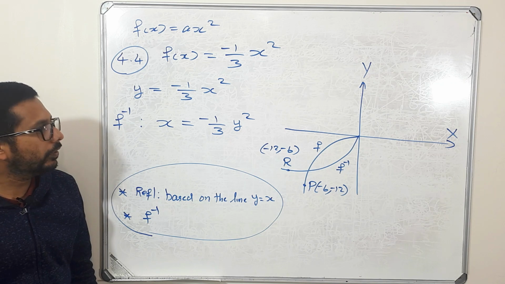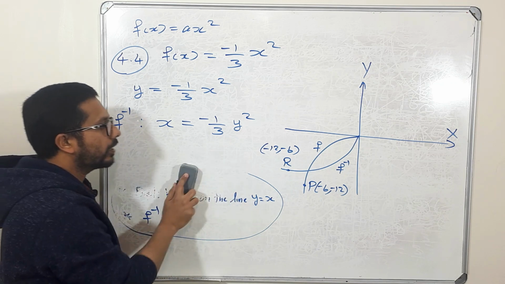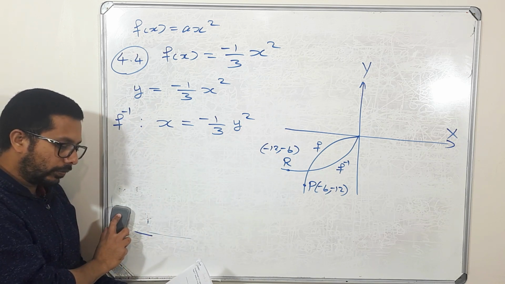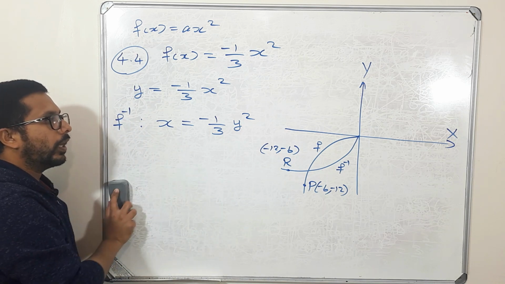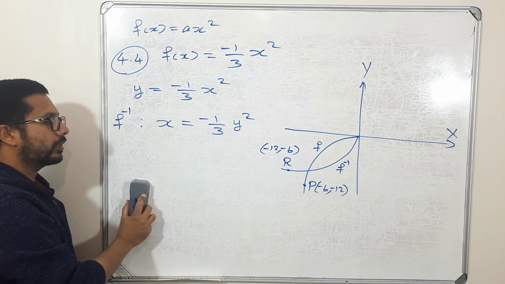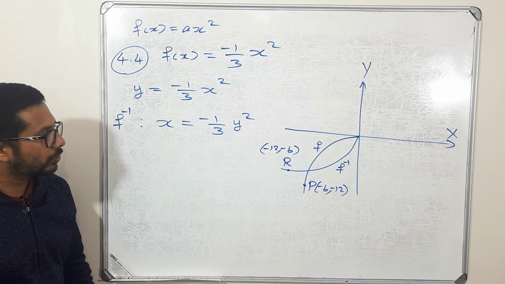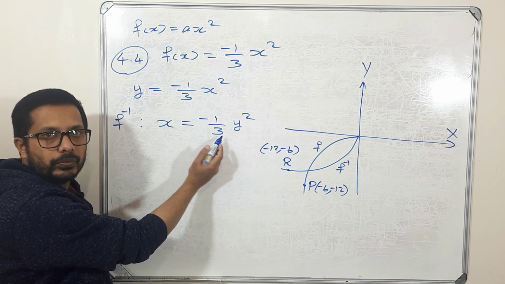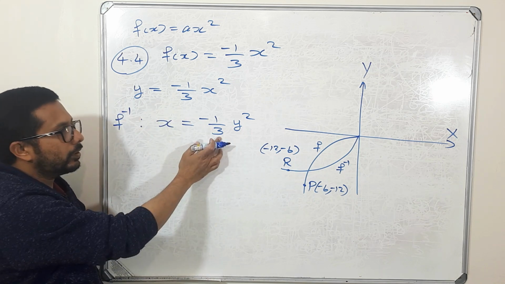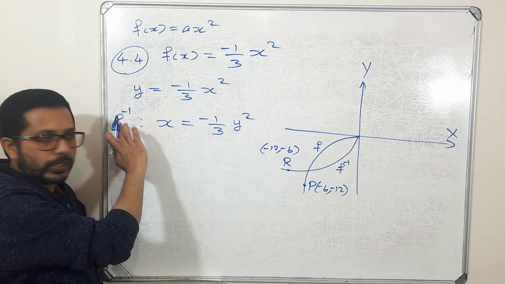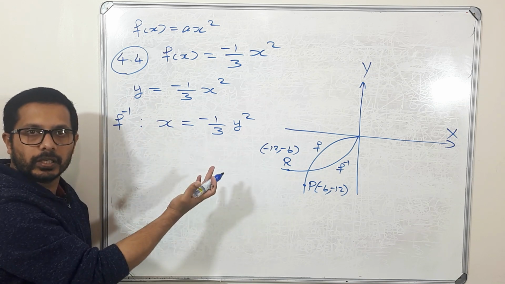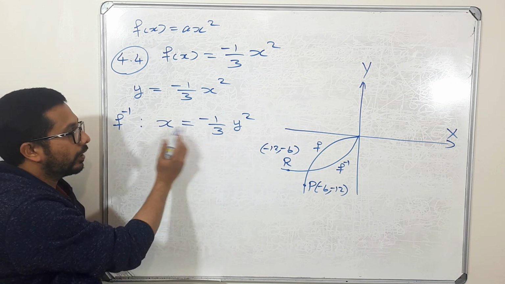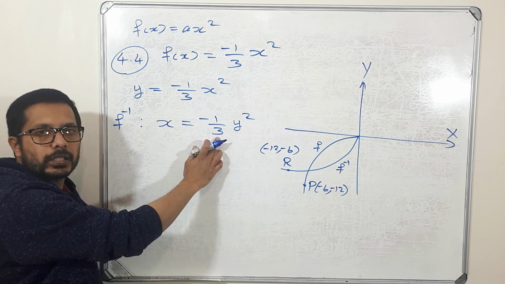But here we can't leave an equation like this. In the question they want the answer in the form y is equal to. So how can you write the answer in the form y is equal to? From here, this 3 is in the denominator, which means division. If I want to take it to the left side, it is multiplication.